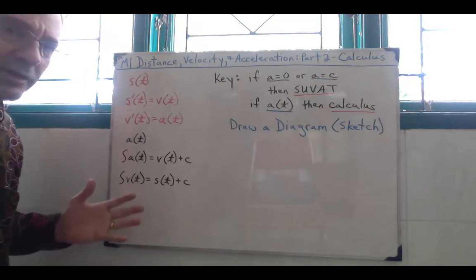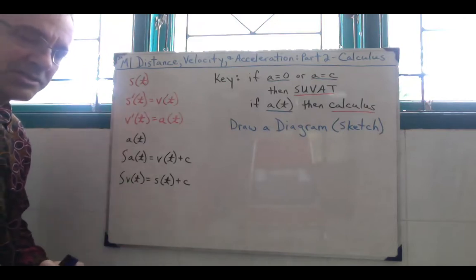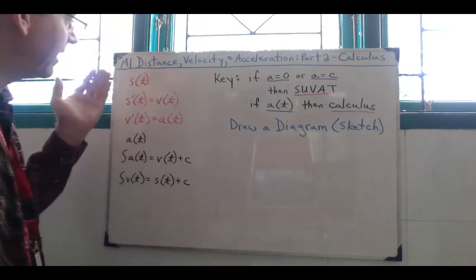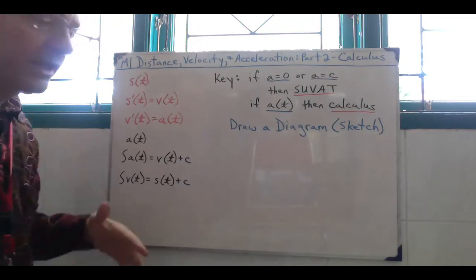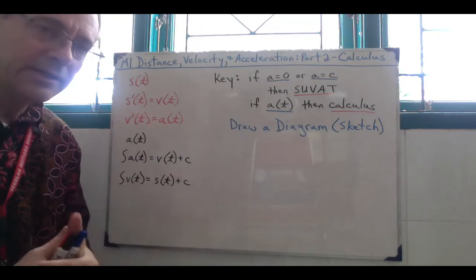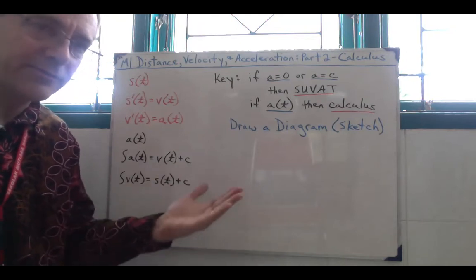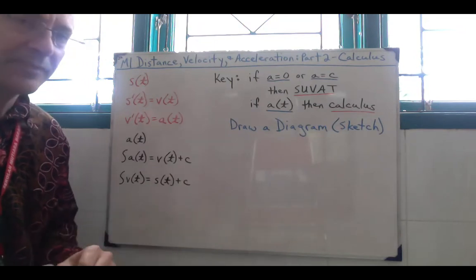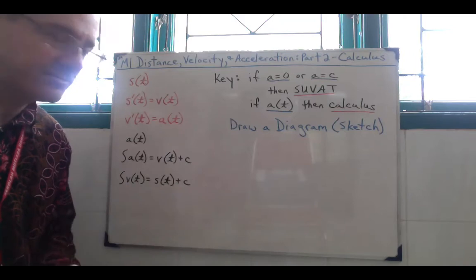It's really not formulas, it's more or less relationships, calculus relationships between displacement, velocity, and acceleration. You should have learned this already in Pure Maths 1, where you learn derivatives and integrals. If you have not yet learned derivatives and integrals, you should probably do that first.